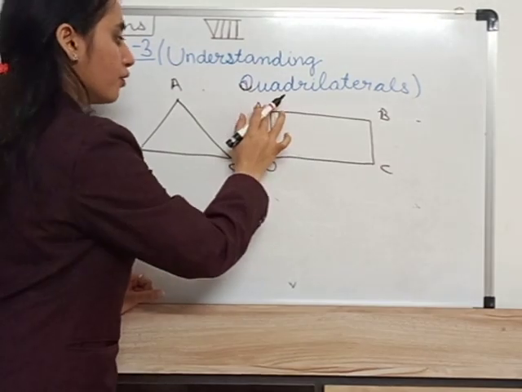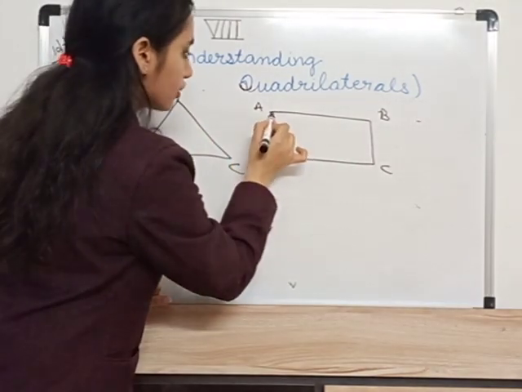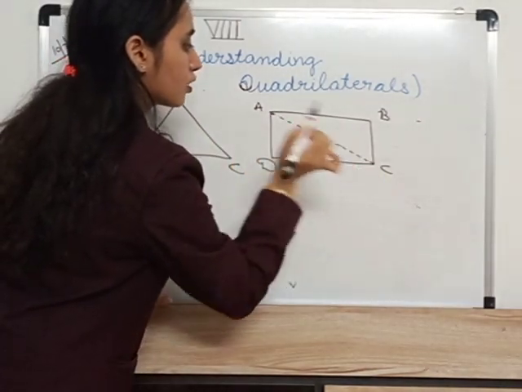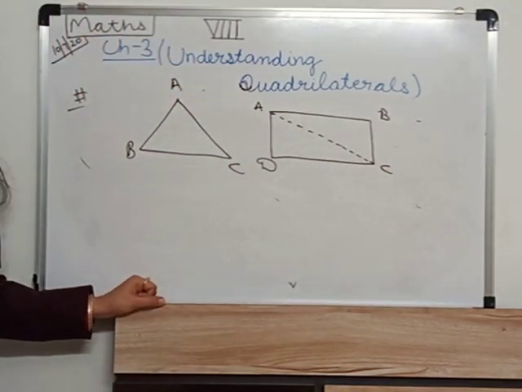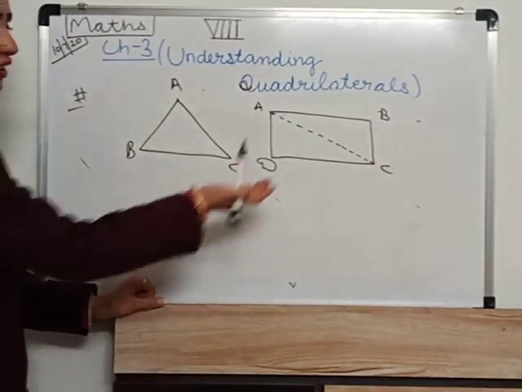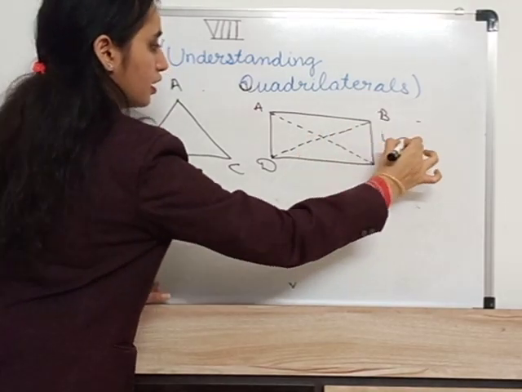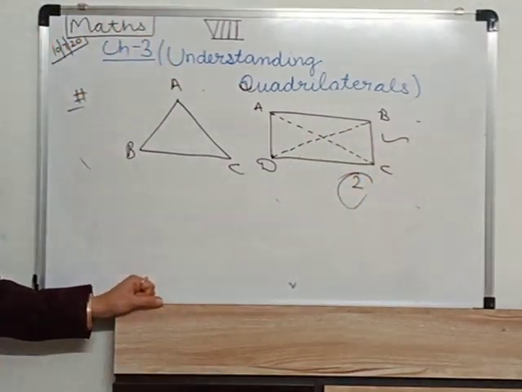How can we construct a diagonal? By joining two non-consecutive vertices of that polygon, we construct a diagonal. In this figure, we have two diagonals.